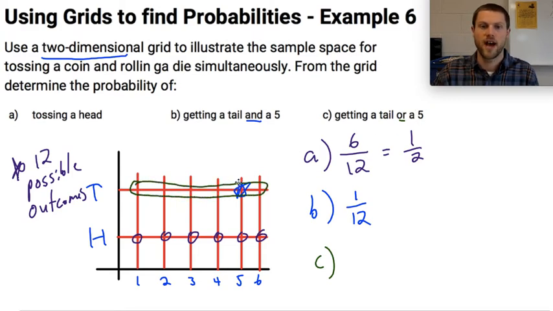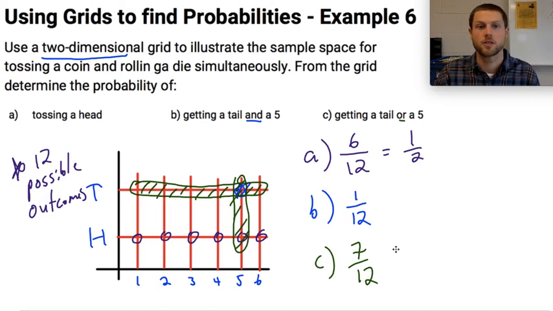Or if I get a 5, that is a success. So basically, all of these outcomes represent success for getting a tail or rolling a 5. So how many of these nodes did I just circle? So 1, 2, 3, 4, 5, 6, 7. So this is going to be represented as 7 out of 12. And there are my chances, my probabilities.